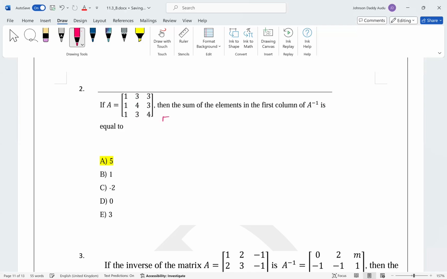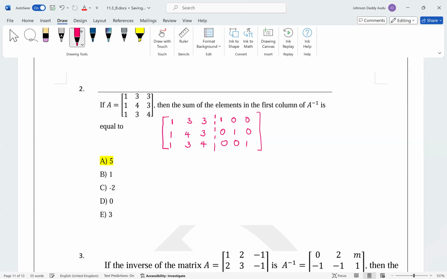This is going to be the same as what we did: 1, 3, 3, 1, 4, 3, 1, 3, 4. And then you augment this with 1, 0, 0, 0, 1, 0, 0, 0, 1.